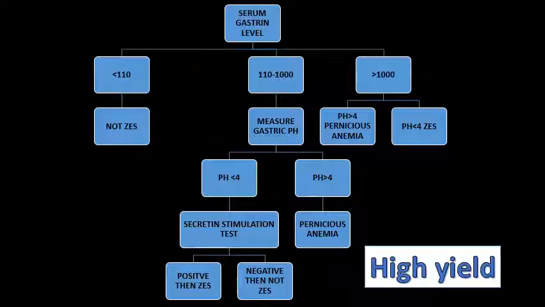And when the gastrin levels are really high, more than 1000, as you can see in the last part of this flowchart, then again you measure pH. If pH is low, then it's Zollinger-Ellison syndrome, because such a high level of gastrin cannot happen without a gastrinoma. And if the pH is high, then it's pernicious anemia.